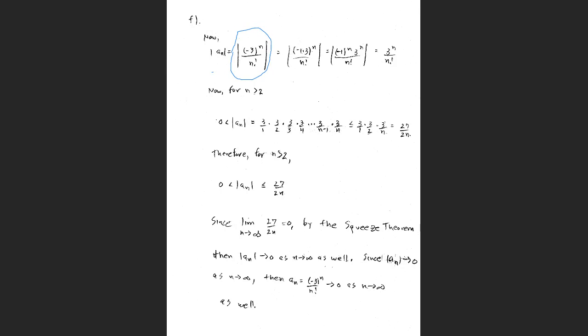So the absolute value of this sequence gives you 3 to the nth power over n factorial. We're going to study how 3 to the nth power over n factorial behaves, and then we'll go back to our original sequence, negative 3 to the nth power over n factorial.